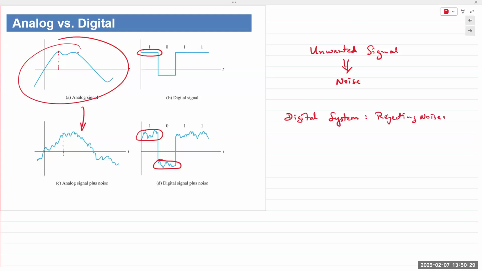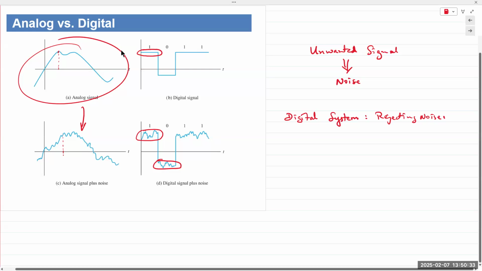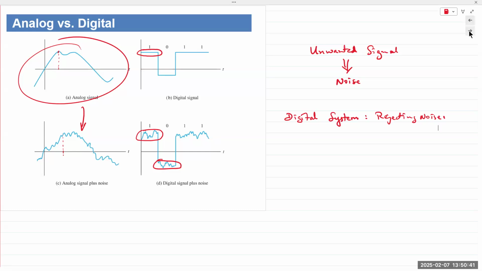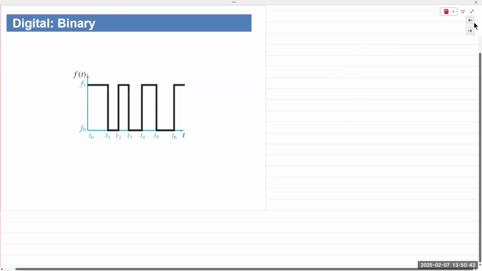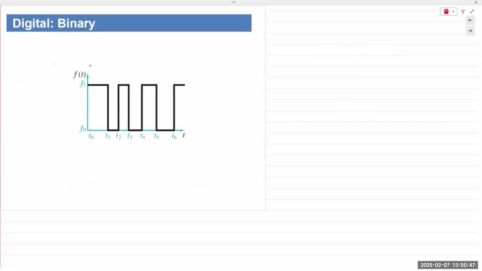So if it's only two, our digital signal can be represented as either being on or off, meaning presence or absence of voltage.